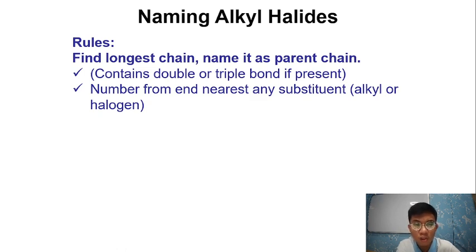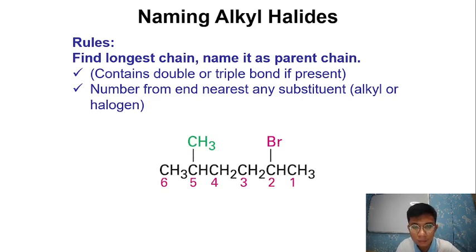If it's double bond or triple bond, you just change the suffix, then you start in your nearest substituent, kung ano mang substituent yon. So you start from that end. So, for example, ito, ginawa niya is right to left. So, 1 to 6. So, ito ay hexane, 6.